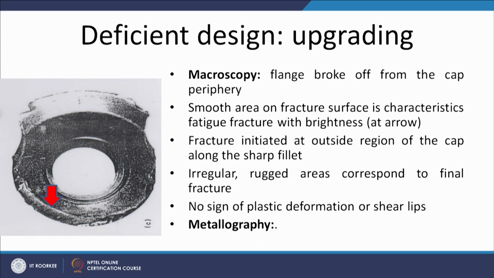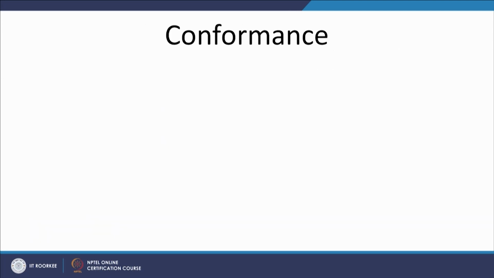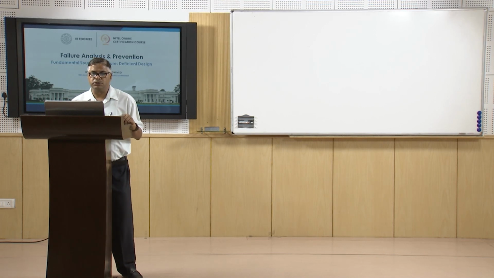Metallography also suggested the normal ferritic and pearlitic structure with the dominance of ferrite. So, the microscopy also did not show any issue related with the microstructure.